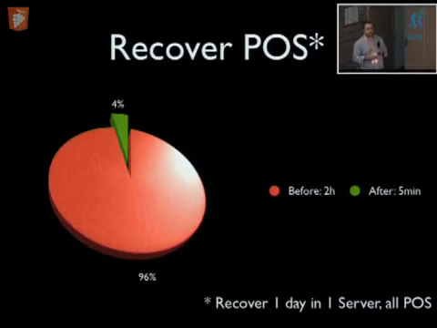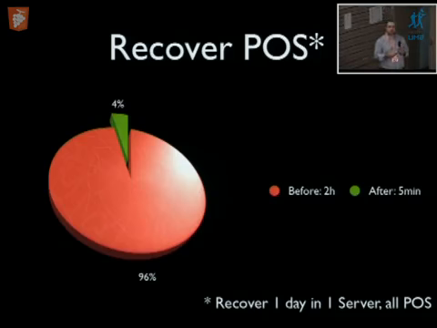Recover point of sales, as in the example we saw. These are the times for 1 day in one store, all the points of sale. Before it was 2 hours, now it's 5 minutes, so they only spend 4% of the time.